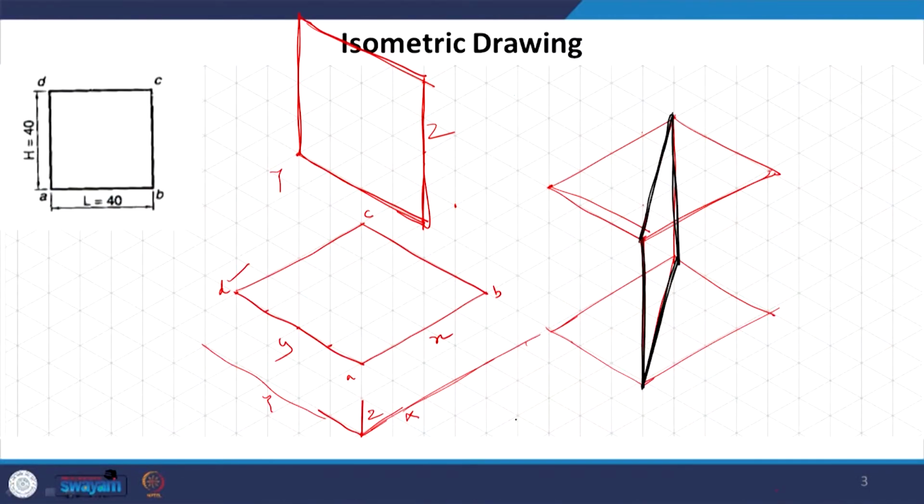In case we have isometric lines, you can very simply draw it, just measure on the isometric grid and you will arrive at that. In case of non-isometric lines, you will have to arrive at the reference points in isometric lines, the ones which are parallel to x and y, which is what we will do every time we have to create this isometric drawing, which is what we are doing here.